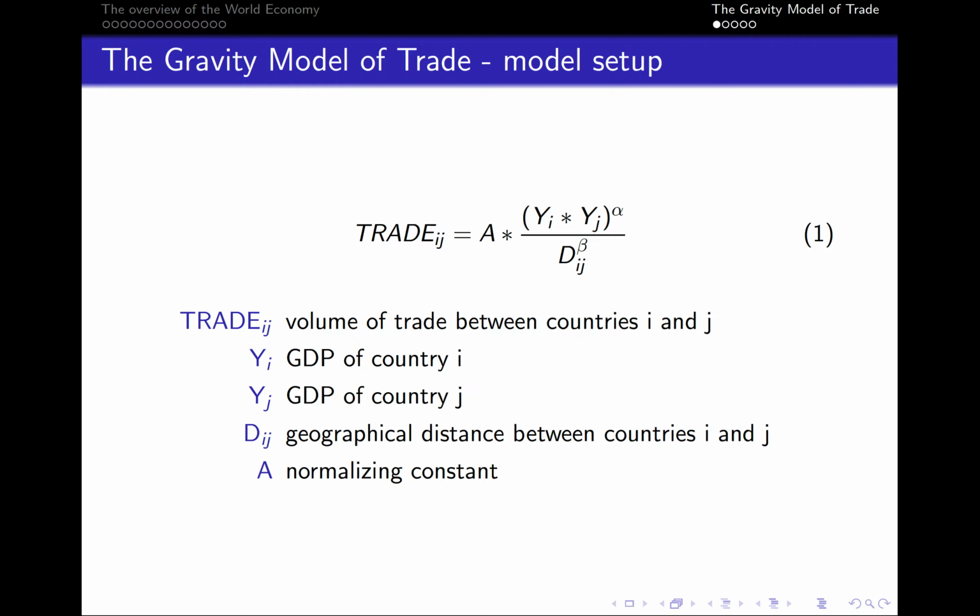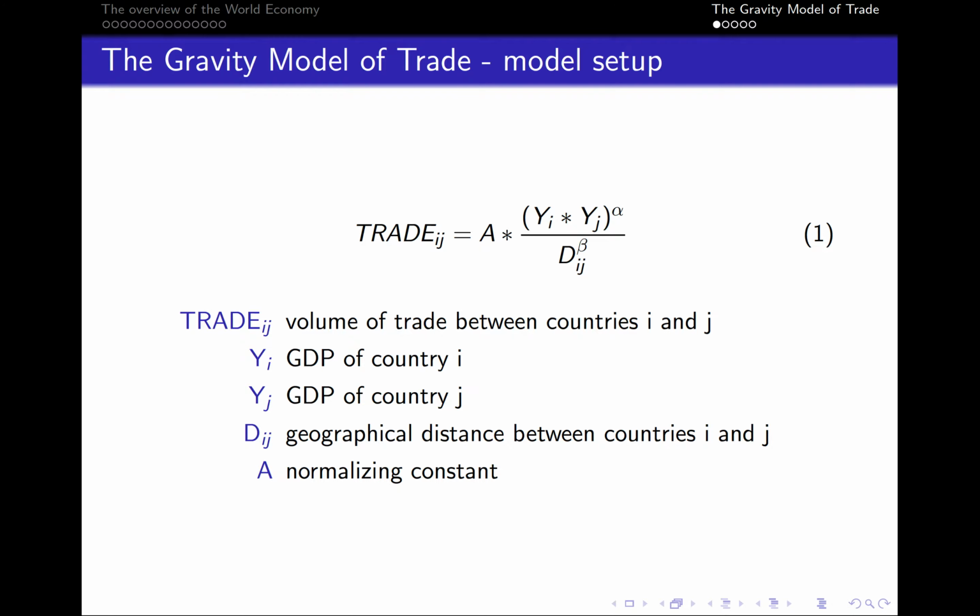Okay, so look, here we have trade between two countries, I and J. By trade, we mean the sum of exports and imports, but we of course remember that imports from country I, when we talk about just two countries, are equal to exports of country J. So here we have bilateral trade. Bilateral trade means the trade just between the two countries.